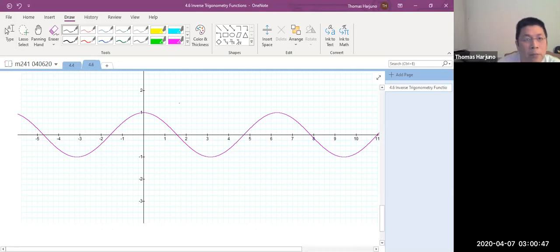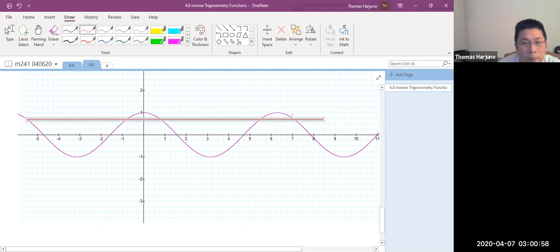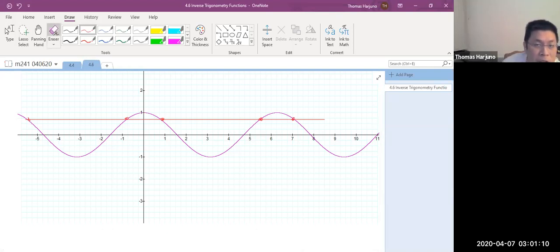And just like before, this cosine function is not one-to-one because I can easily find a horizontal line that hits the graph at multiple points. Here, here, here, here, here. So we cannot do cosine inverse until I do restriction.